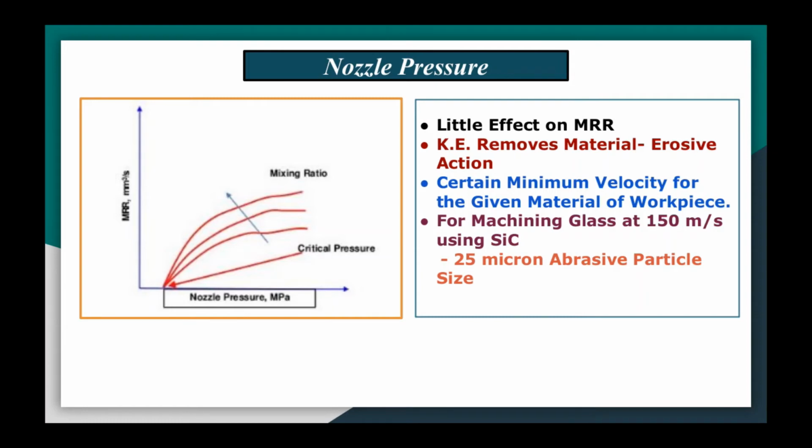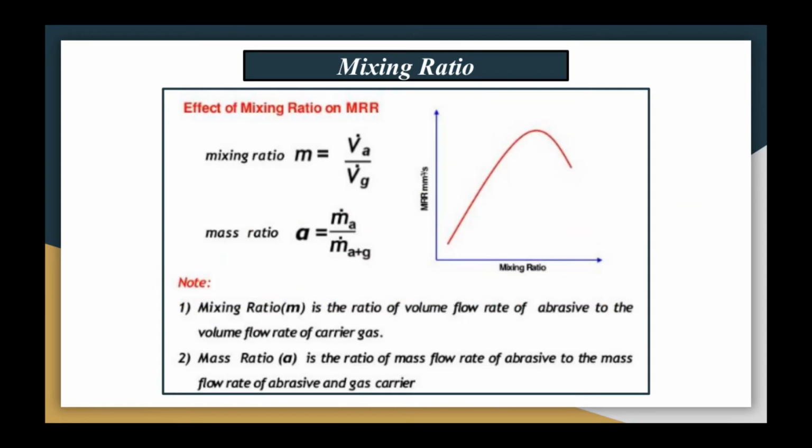Another parameter is the mixing ratio. Now I will show you some formula also for the mixing ratio. Here you can see, as the mixing ratio increases, the material removal is also increasing.